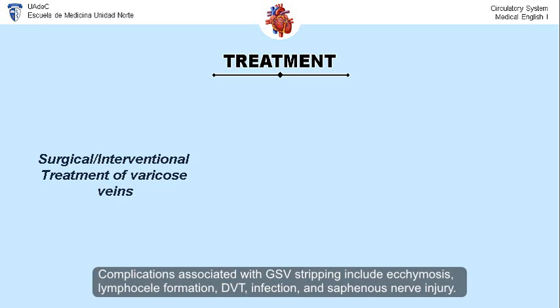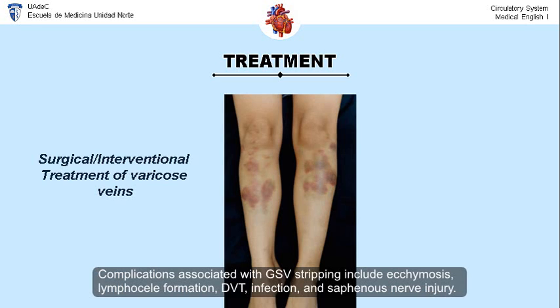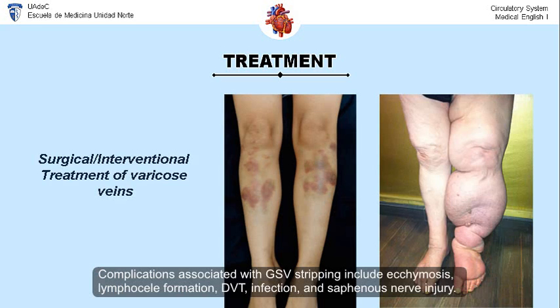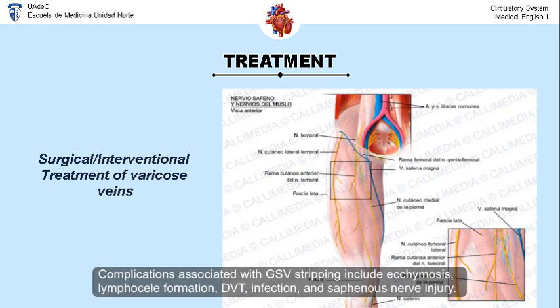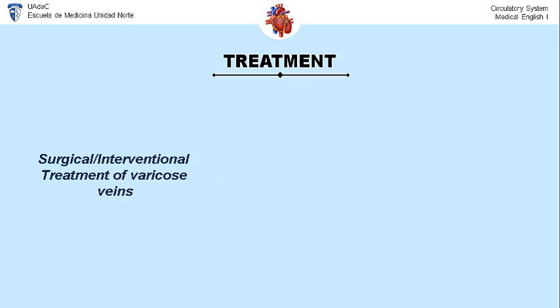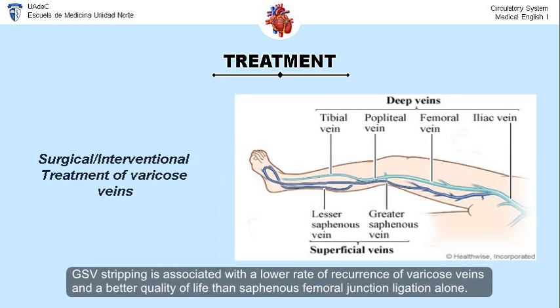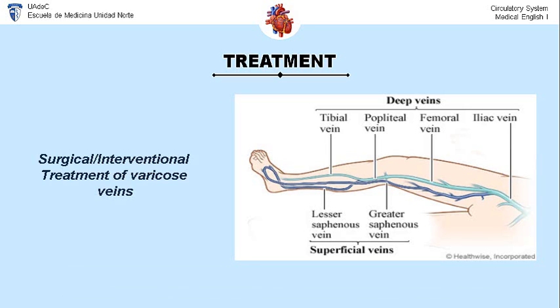Complications associated with DSB stripping include ecchymosis, lymphocele formation, DVT, infection, and saphenous nerve injury. DSB stripping is associated with a lower rate of recurrence of varicose veins and a better quality of life than saphenofemoral junction ligation alone.